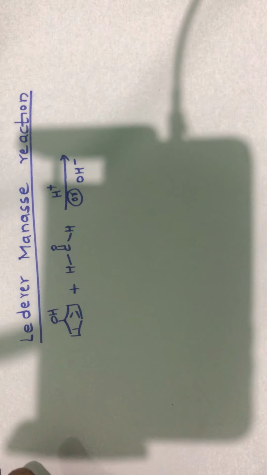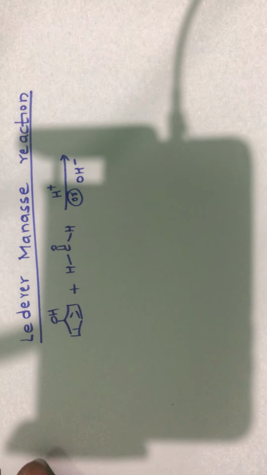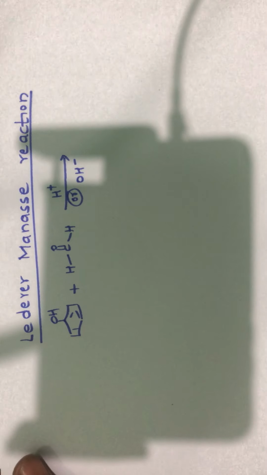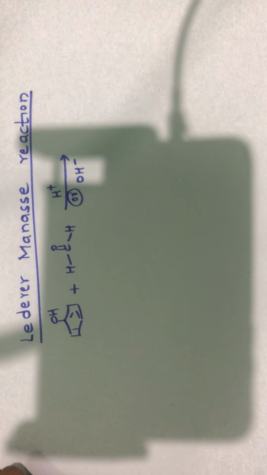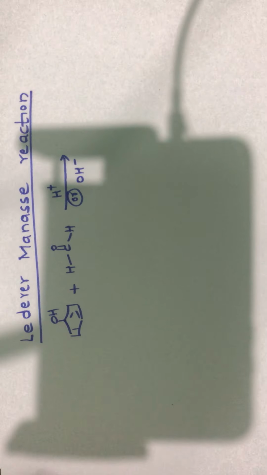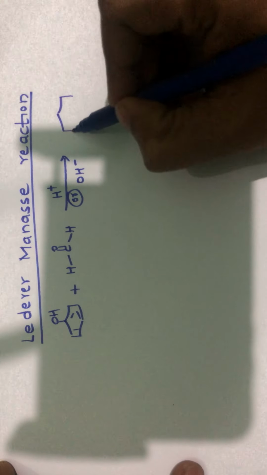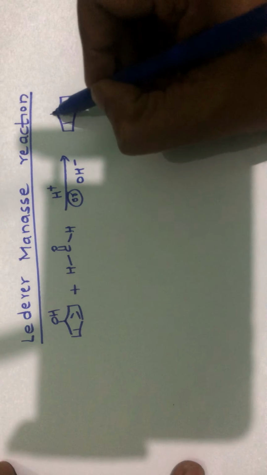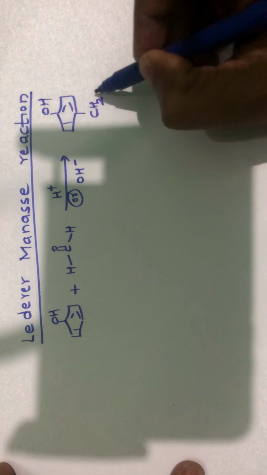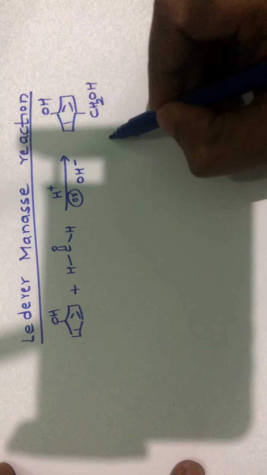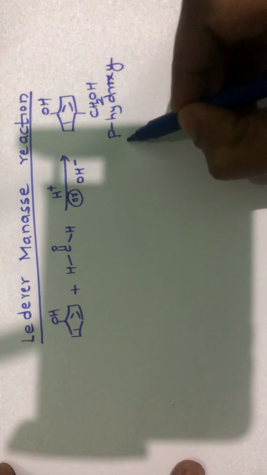An important example of this reaction is the phenol and formaldehyde reaction to form para-hydroxybenzyl alcohol as the major product and ortho-hydroxybenzyl alcohol as the minor product. So this is what you get. OH, here you get CH2OH. So this is para-hydroxybenzyl alcohol.